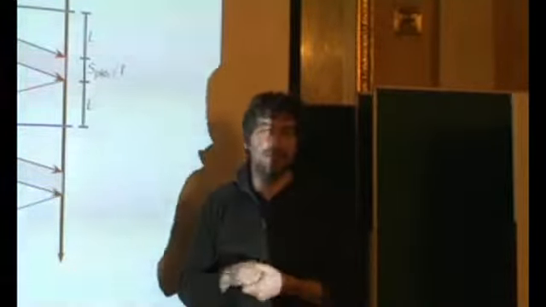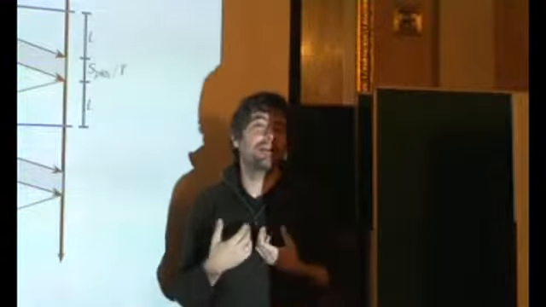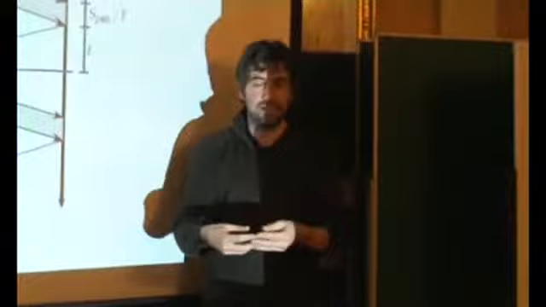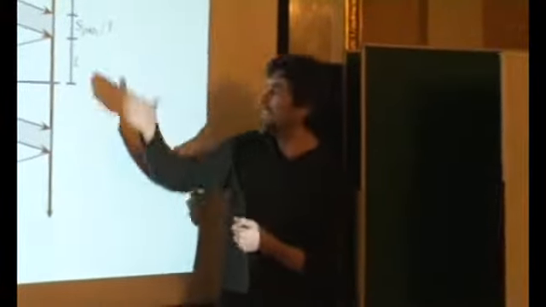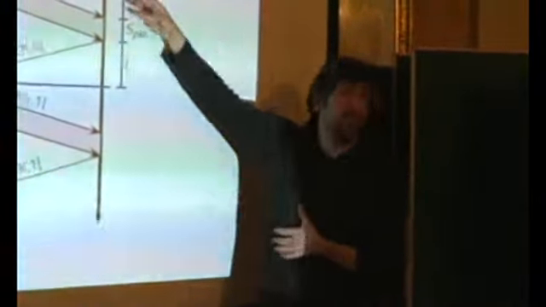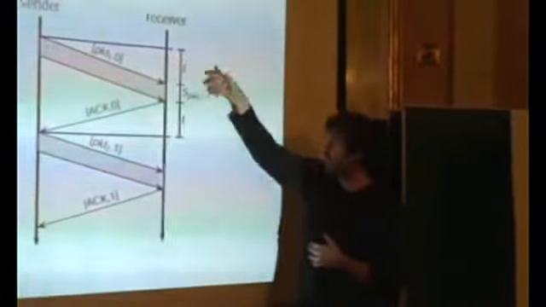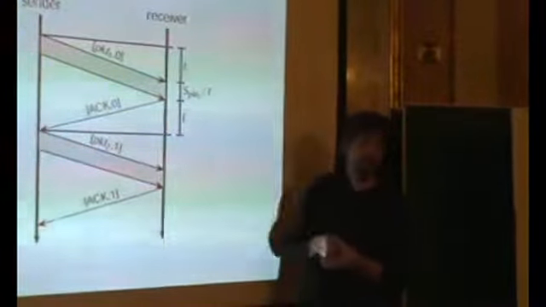That's how engineers do it. I'm not a mathematician, I'm an engineer. You give me two things, I try to put them together so that they fit. It's twice the latency multiplied by the throughput.